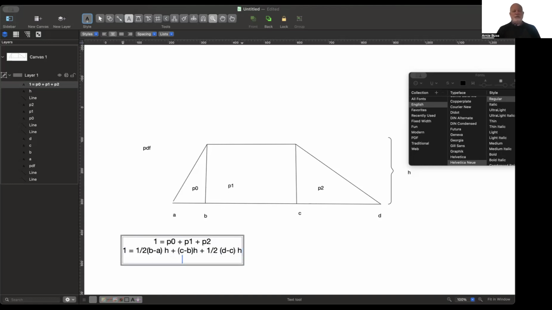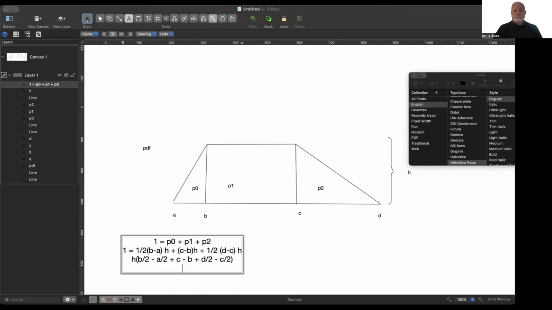But notice there's an h everywhere. So if I factor out the h and multiply through, I get b over 2 minus a over 2, plus c minus b, plus d over 2 minus c over 2. So I got a b over 2 minus b, and I got a c and a minus c over 2.